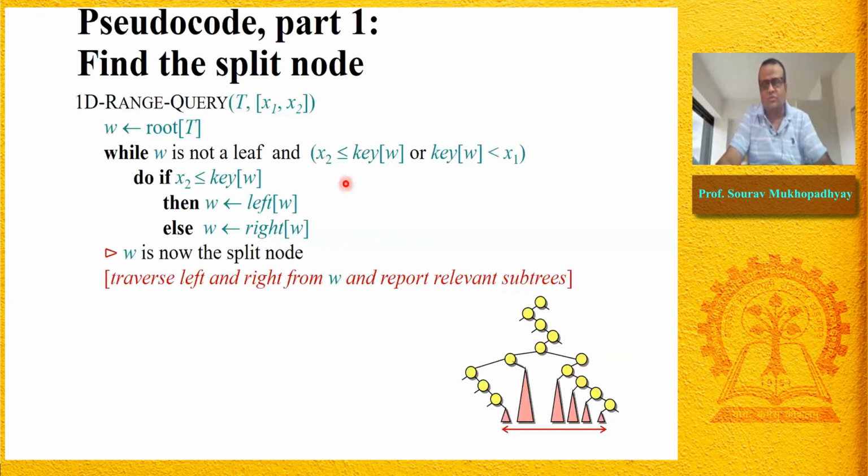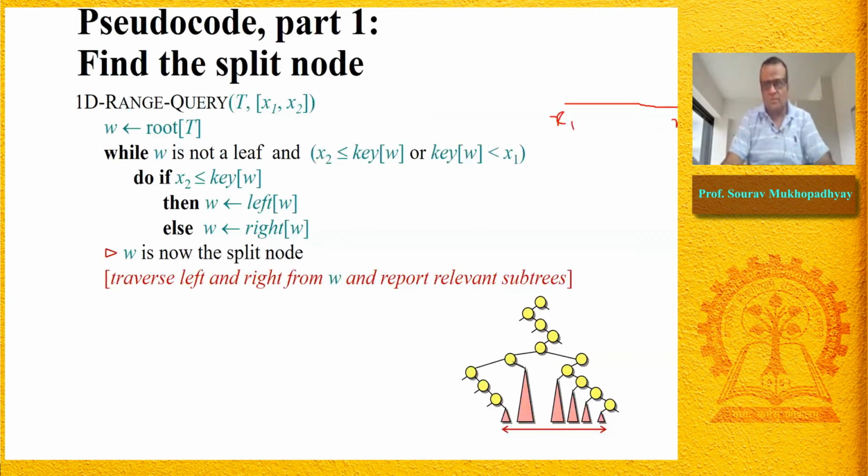So either it will go to the right part completely or the left part. So if x2 is less than key of w, where x1 x2 is the interval, this is our x1 and this is our x2, the low end point and the high end point.